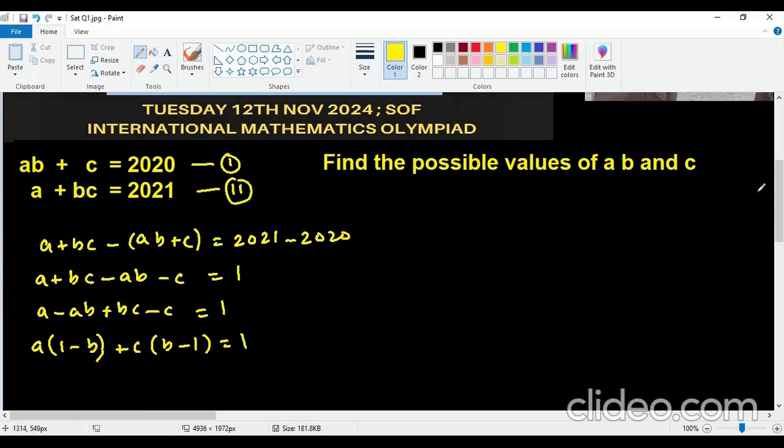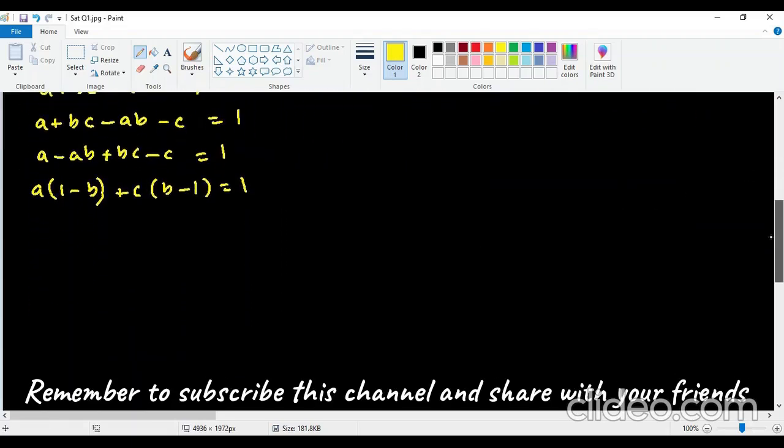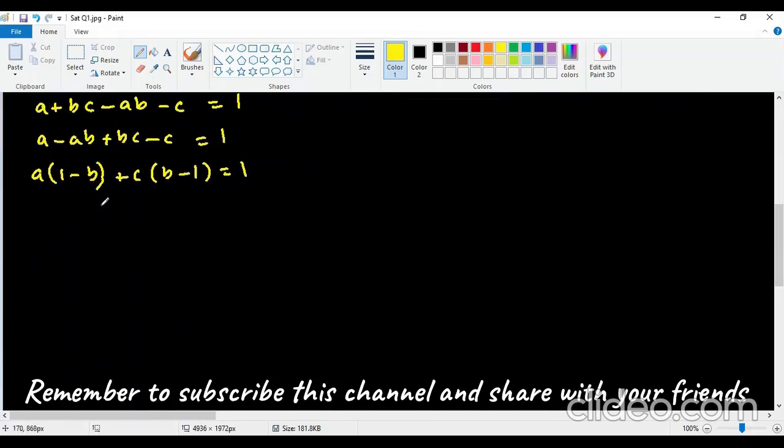Now we bring this a little down and see that the first bracket and second bracket don't look alike, because in the first one b is negative and here b is positive. So be careful with this. To make these two the same, we are going to change the sign of this bracket. 1 minus b will make this minus c, and now this is minus b plus 1 equals 1.